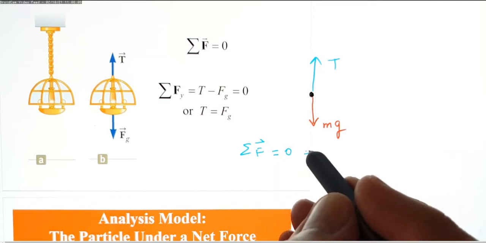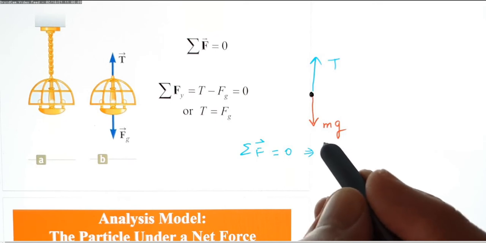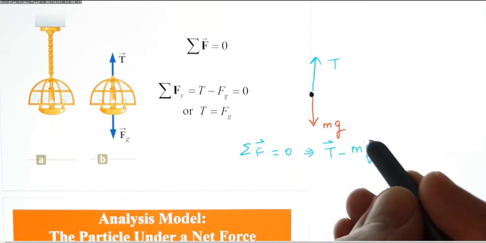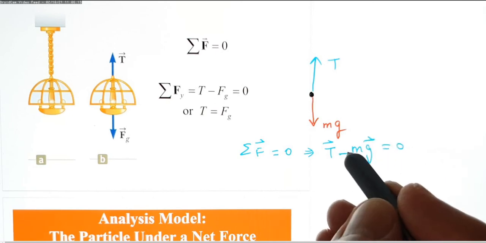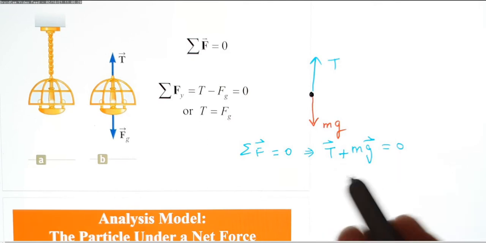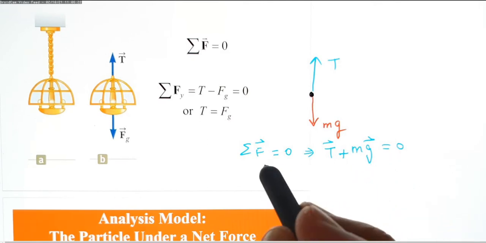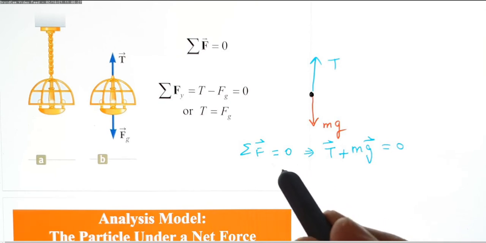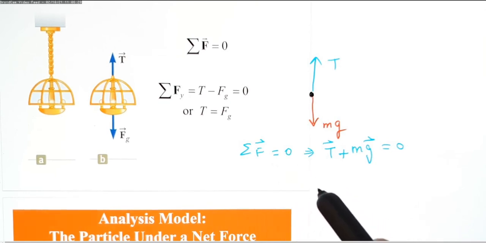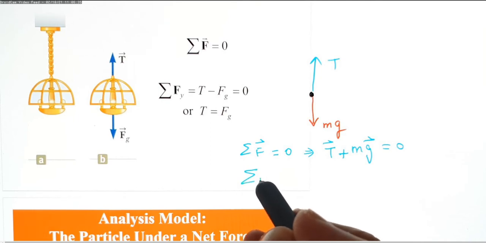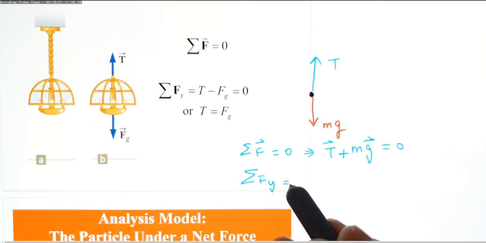In terms of vectors, this is tension plus mg is equal 0, because those are vectors. And that means in the x-axis they are equal to 0, and the y-axis they are equal to 0. In the x-axis there is no forces, so in the y-axis we take the component.